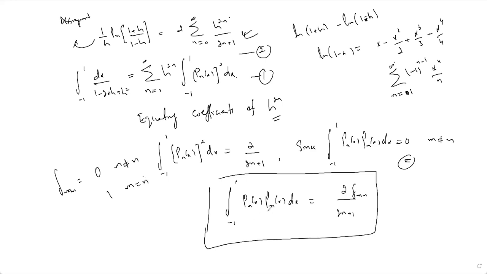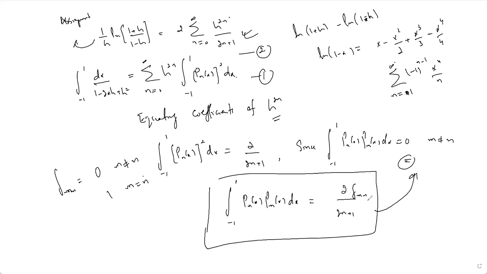Let us go to this particular equation now. When m is not equal to n, delta mn is 0, so the integral of pn(x) pm(x) will be equal to 0.